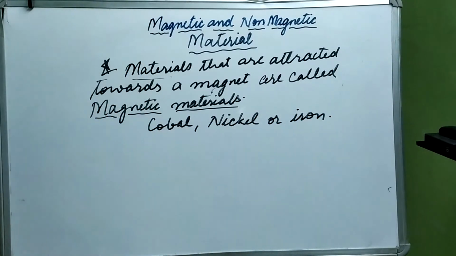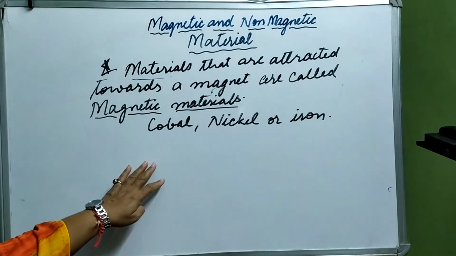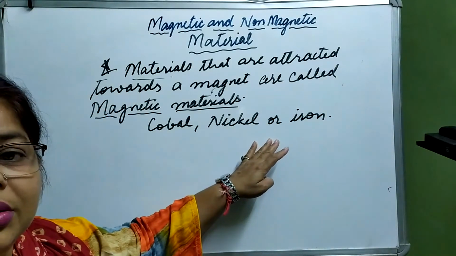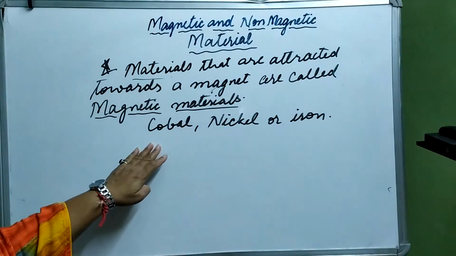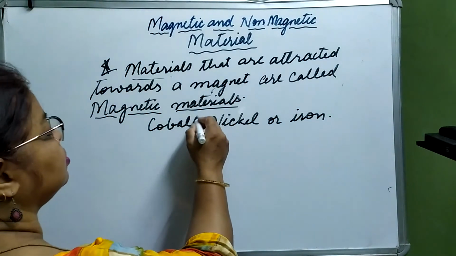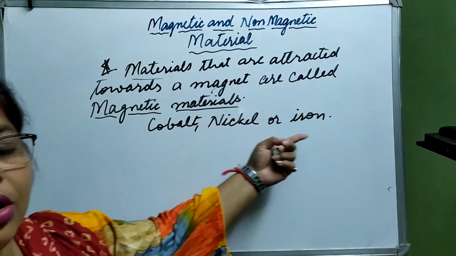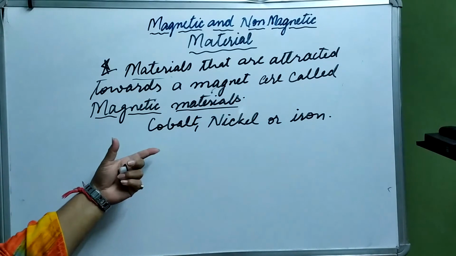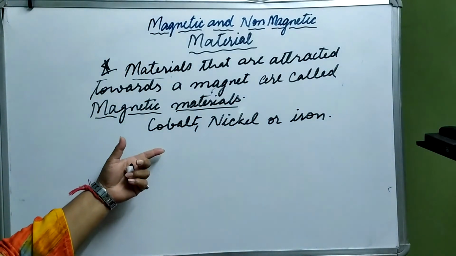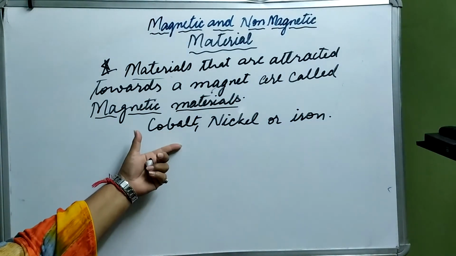So these are different metals which are magnetic materials. If we make any article out of cobalt, nickel or iron, it is going to be attracted towards a magnet. So we call them magnetic materials.